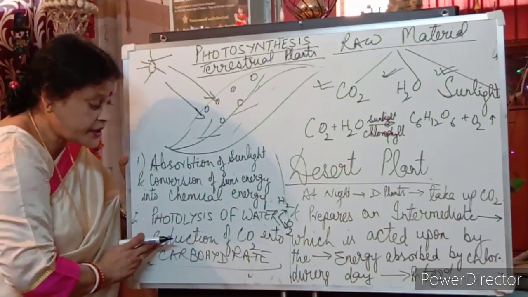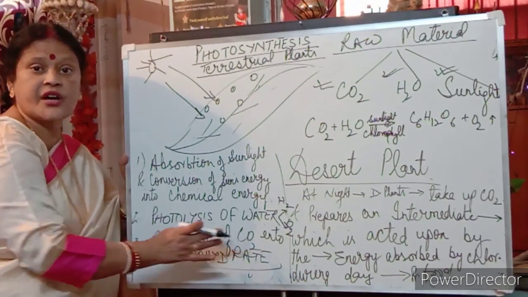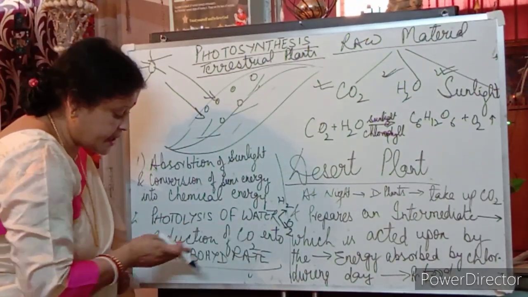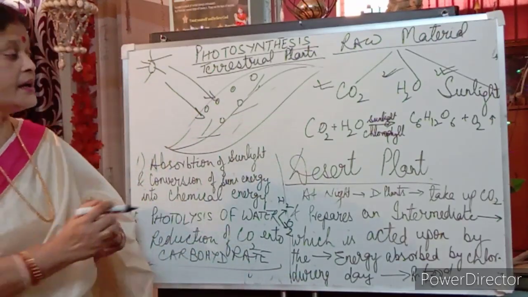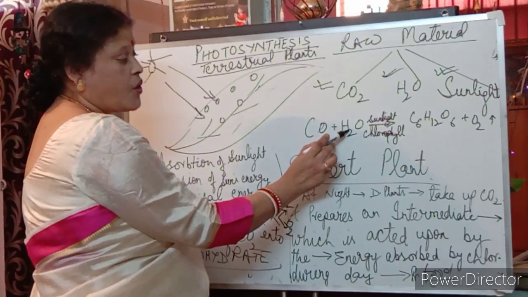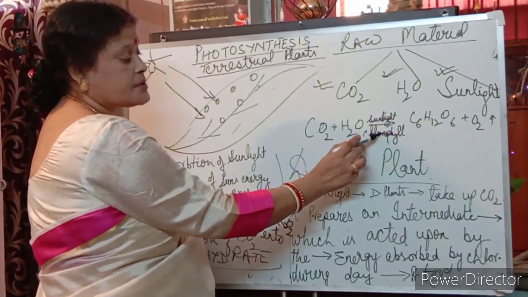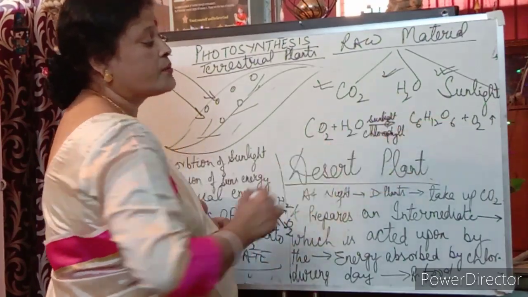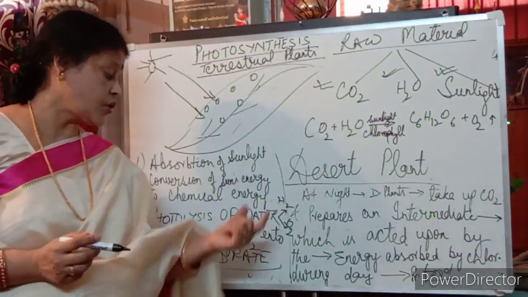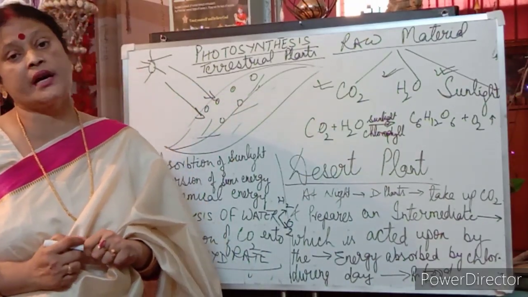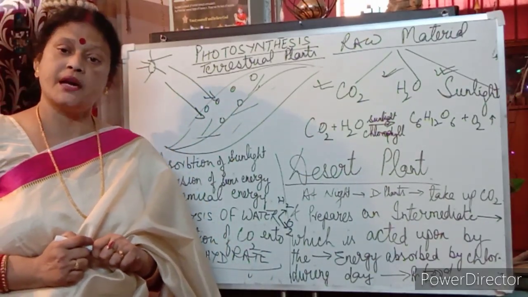That is one word: reduction of carbon dioxide. Reduction means addition of hydrogen. Reduction of carbon dioxide into carbohydrate, and the food is prepared. See, carbon dioxide and water, in the presence of sunlight energy and chlorophyll molecule, form glucose, which you can also call carbohydrate or sugar, and oxygen is released into the air, which is absorbed by us.